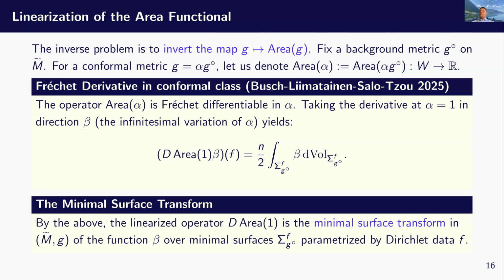So g0 is now fixed, and we consider minimal surfaces parameterized by f in that manifold M tilde, g0. So here you can change f, then you integrate beta over different minimal surfaces. So this is completely analogous to what happens in the boundary rigidity if you linearize the area functional there.